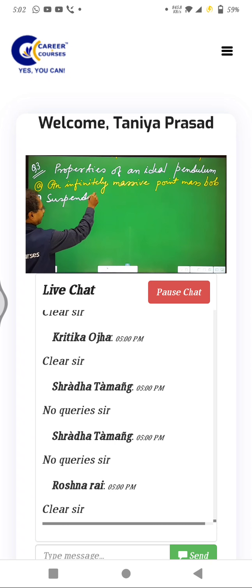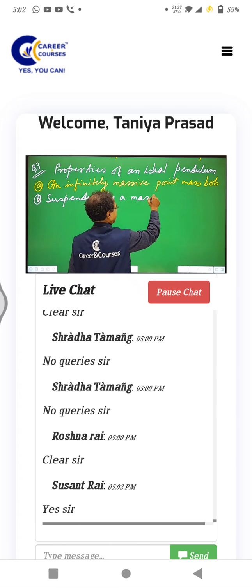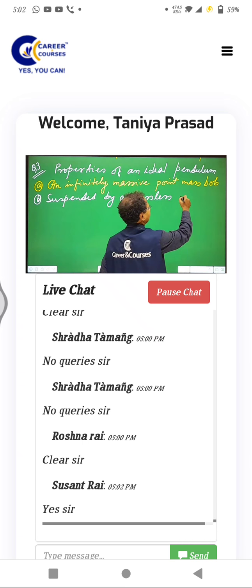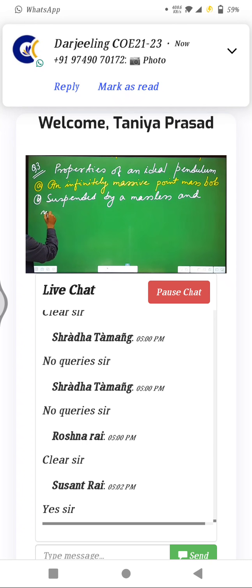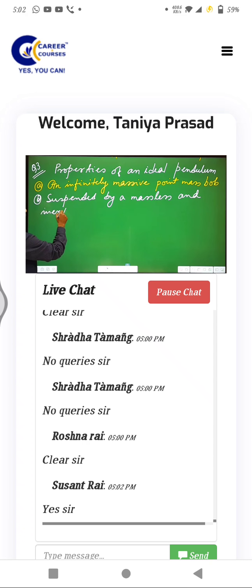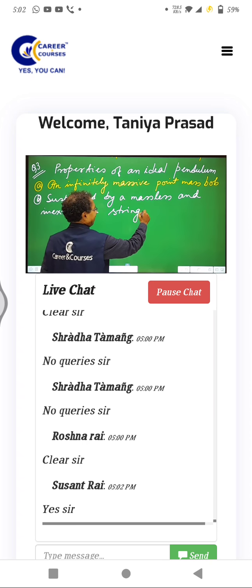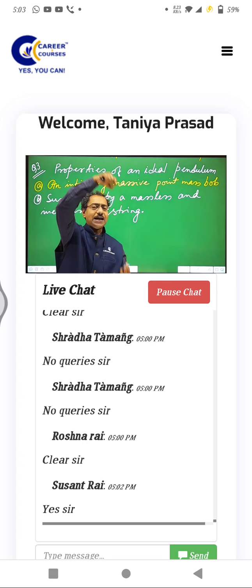Massless means very light, and inextensible means which cannot be torn, which cannot be extended further. So what happens if a very heavily massive body like an elephant is suspended by a light string?